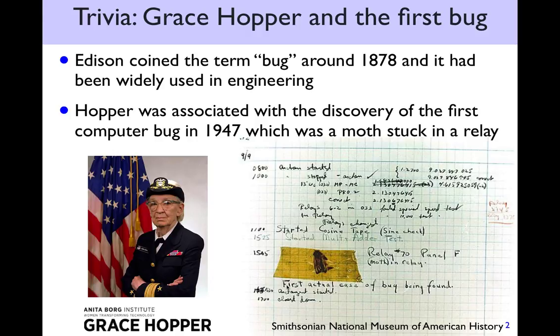And the text says the first actual case of a bug being found, right? And this piece of paper, along with the moth, can still be found in Washington, D.C. if you go to the Smithsonian National Museum. I highly encourage you to look at those. I did not have a chance to look at it, but I think it will be very interesting.